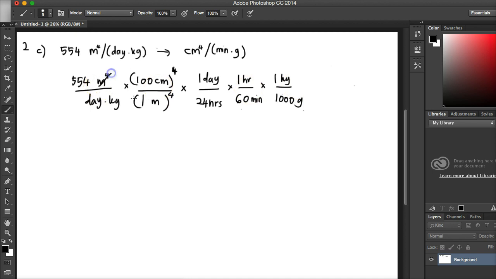So we can cancel out this day and then hours to get minutes and then kilograms. So in the end, the value is 3.85 times 10 to the power of 4 cm to the power of 4 over minute and gram. So that's the answer. So we move to the next question.